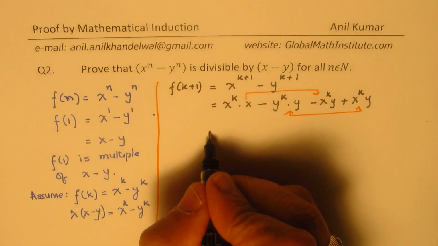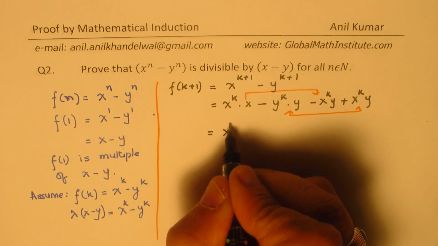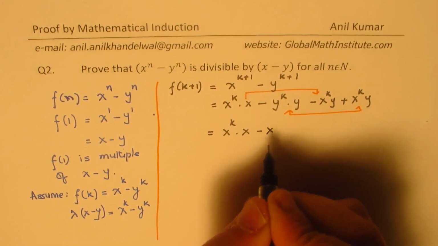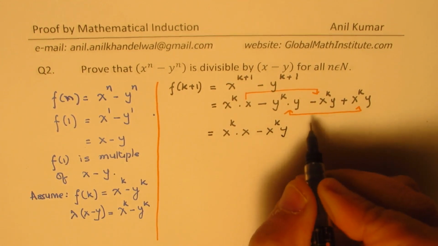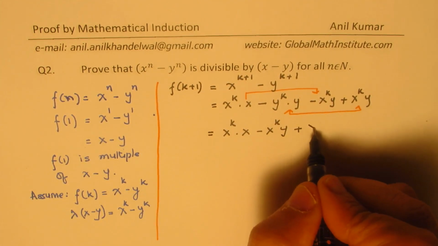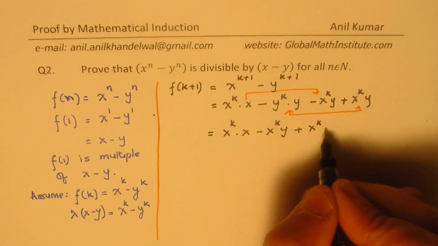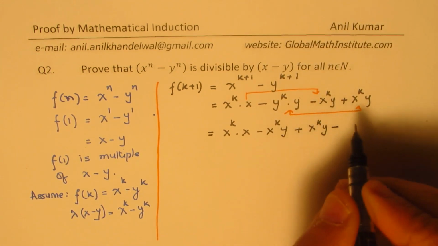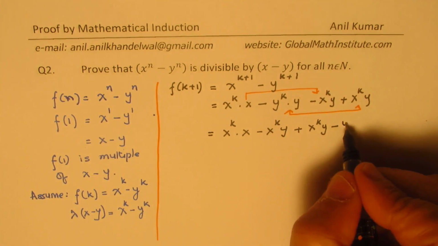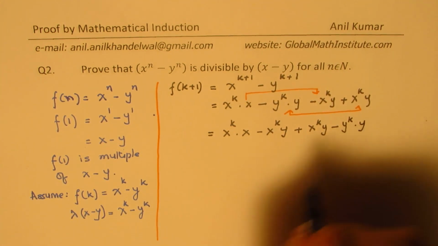So let me rearrange and write. So we get x to the power of k times x minus x to the power of k times y. And here we have plus x to the power of k times y minus y to the power of k times y.